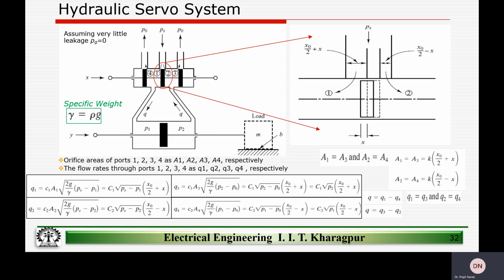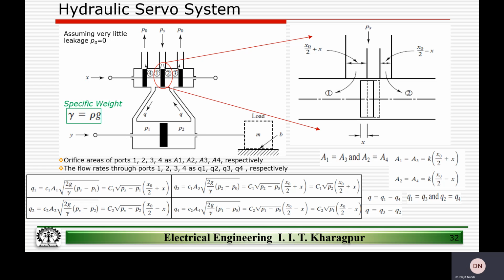This comes from two simple reasoning. One is that the overall volume of the system does not change. That is the first assumption. And the second assumption is that we have moved this piston and these are all solidly coupled.